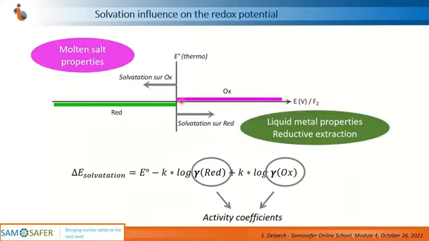So the solvation on the oxidant depends on the molten salt properties, and the solvation on the reductant can depend on the molten salt properties if the reductant is a soluble element. But if the reductant is, for instance, a metallic element, in this case, we can use this particularity, the solvation on the reductant element. We can use that to do a reductive extraction using a liquid metal.